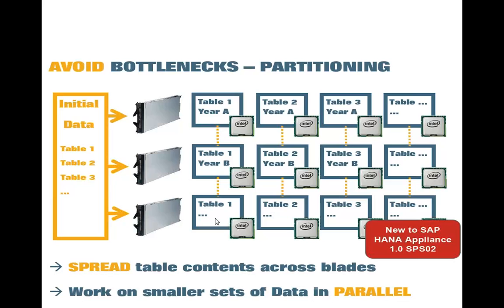If you look at the first layer, you have table 1 and year, or year is the component that you are using for partitioning, then year B. So you can also partition your data based on the number of cores that you have, so that you are handling parallel processing, and you can have data spread across multiple blades as well.